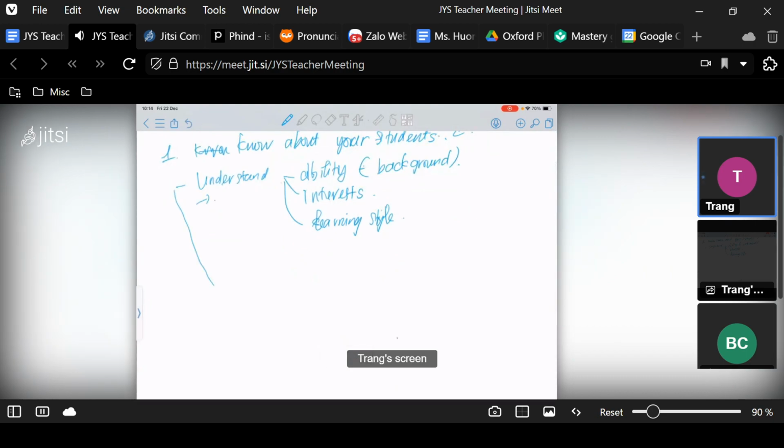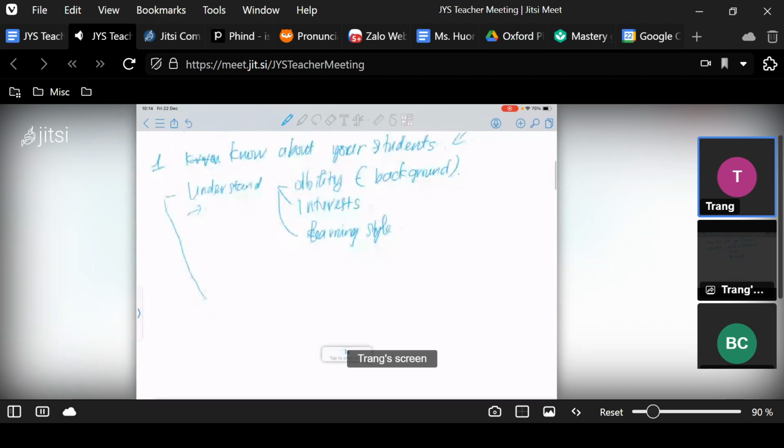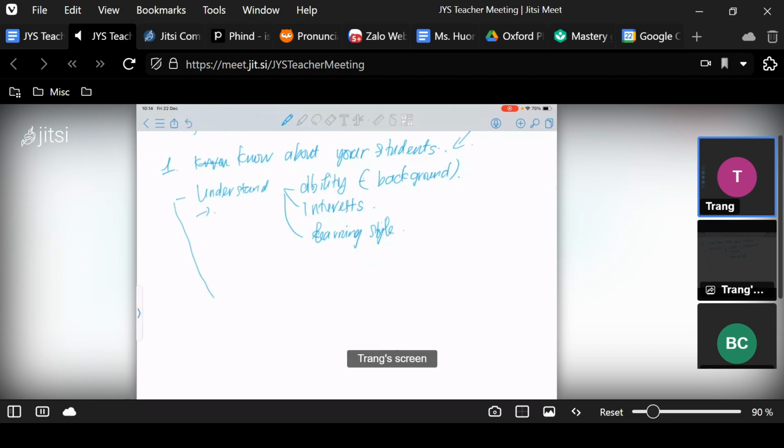This is the first one, and the second one is how to know your students. We can build a positive relationship with our students by creating a supportive and inclusive classroom environment.